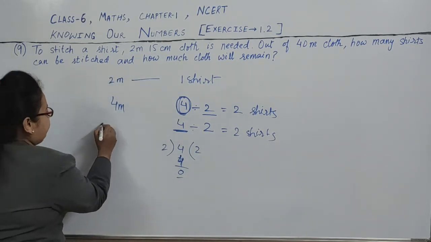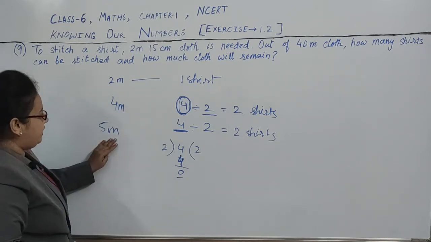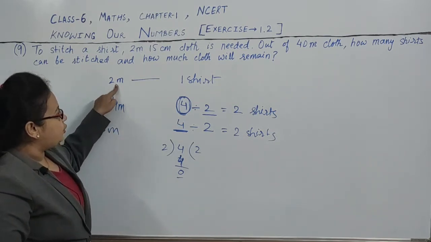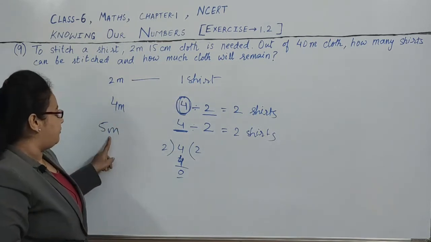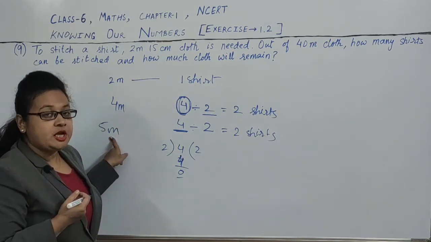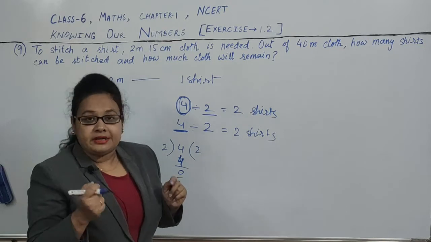So if we have 5 meter of cloth, then what will we do? In 2 meters one shirt can be stitched. Then in 5 meters, how many shirts can be stitched and how much cloth will remain?